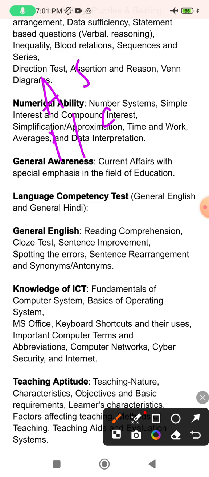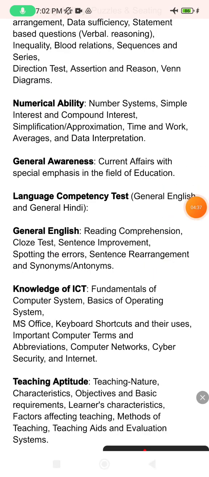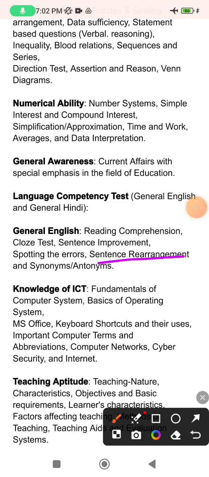And questions will be based on sentence improvement, sentence rearrangement, and spotting the error. Spotting the error is very important for general English. And then sentence rearrangement: in the EMRS exam, and in Navodaya and KVS also, many questions you will find from sentence rearrangement and spotting the error.